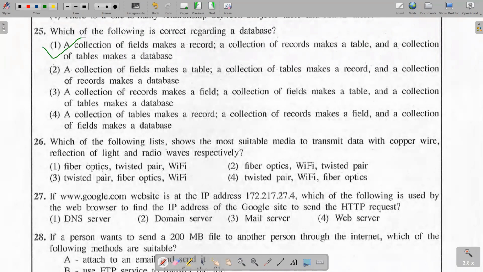And the second says a collection of fields make a table. No, a collection of fields does not make a table. It makes a record. It comes the other way around. So because of that, these two are wrong. A collection of tables makes a record. Again, no. So the correct answer is going to be the first one.